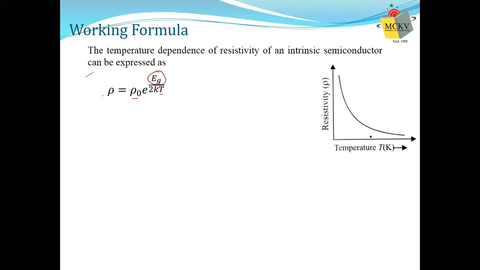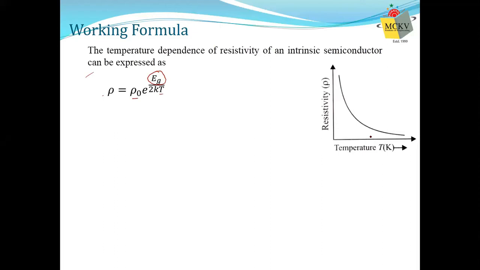First, I am considering only a group 4 element, that means a pure semiconductor. In that case there is a particular number of free electrons, and the same number of free holes present in that semiconductor.